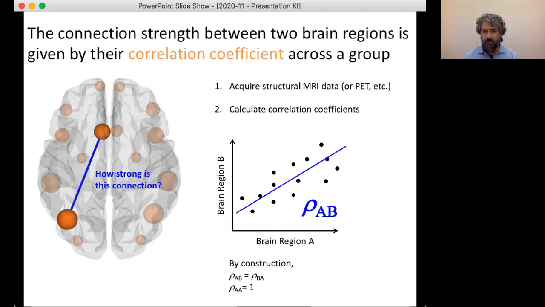What does it mean in terms of adjacency matrices? Well, it means that this is a weighted, undirected adjacency matrix. And by the way, we can also see that the correlation of A with A is always 1, and this will be the diagonal. This tells us that the strength of connection of each region with itself will be 1.